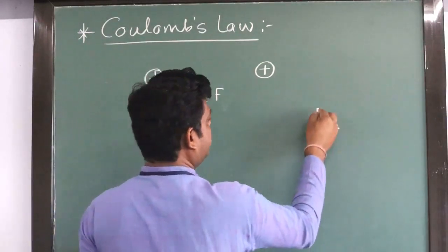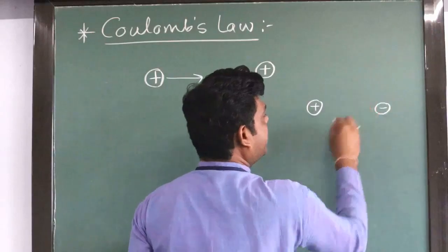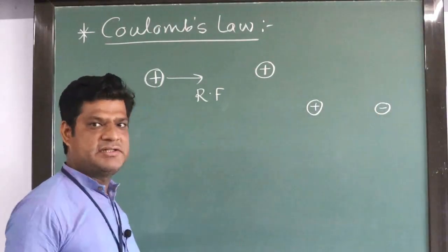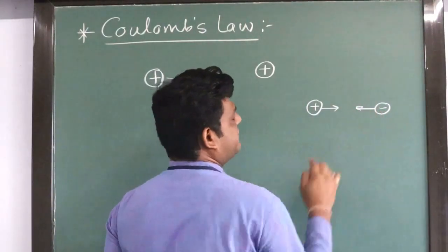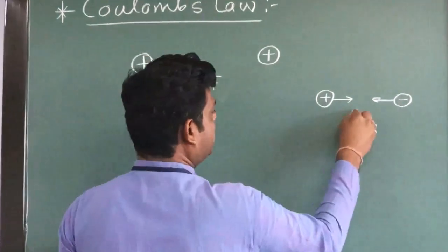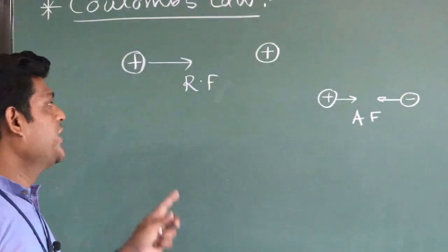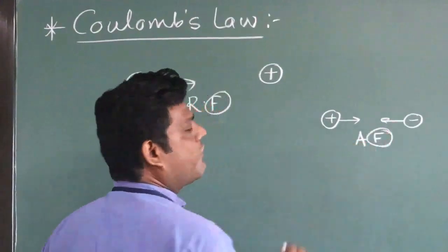Suppose we are having another two charge particles, one positive and one negative. What will happen? In between these two charge particles there is an attracting force. These two charge particles will attract each other. In both cases, a force is present.